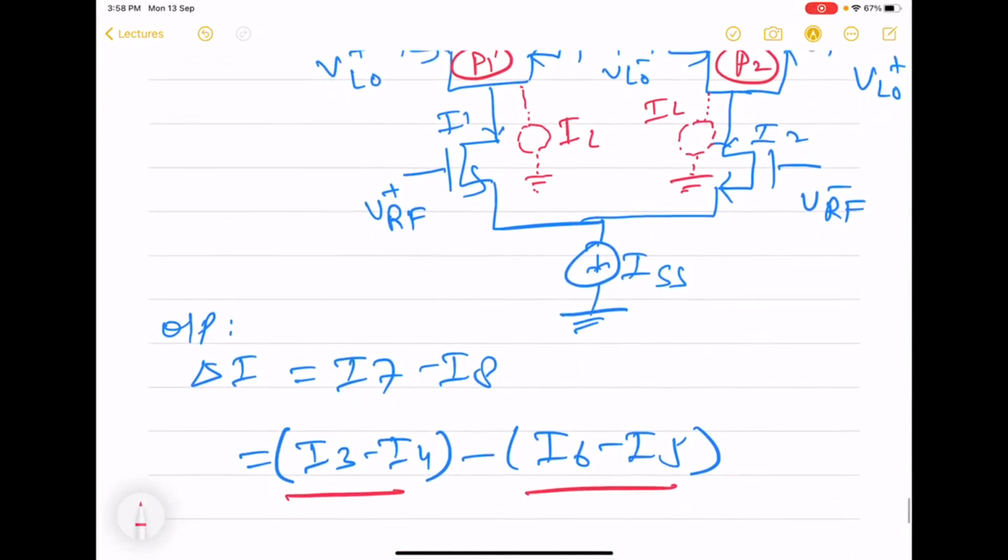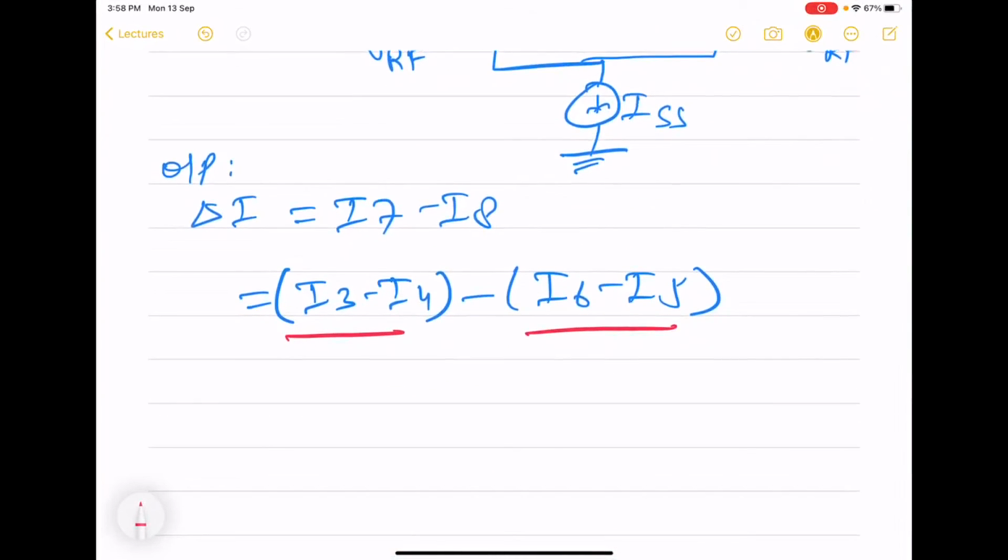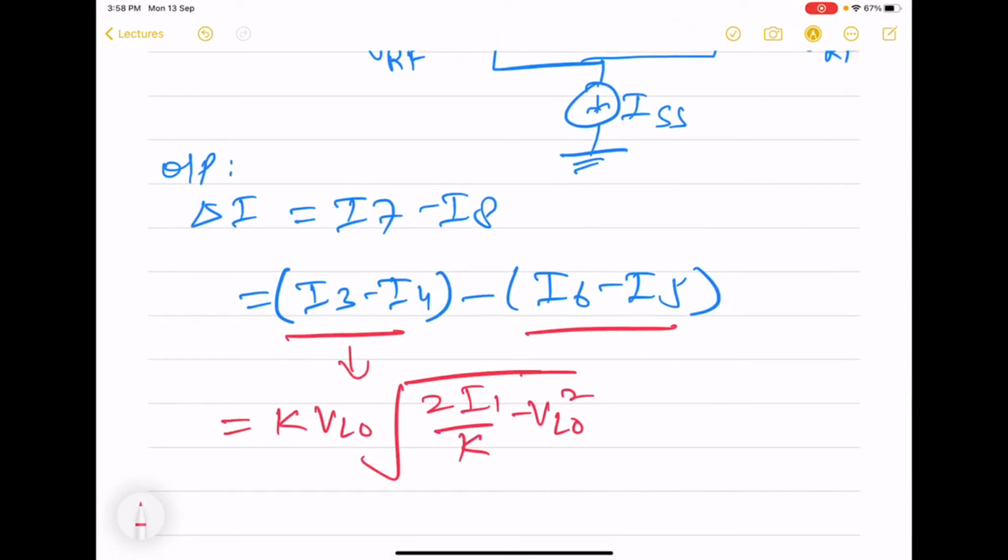neglect the LO voltage. So we know that this one is going to be given by K VLO into square root of 2 I1 by K minus VLO square. It is this thing which we had to take small to neglect, so we get the product of two quantities.